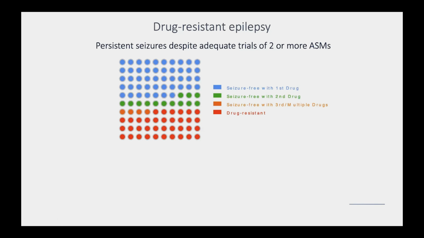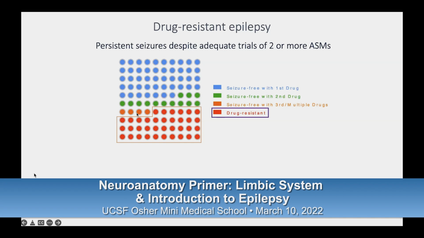And if that first drug doesn't work, the natural thing is to try a second drug at a good dose. And of those, only another maybe 10 to 15% get control with the second drug. So then we reach a really problematic area. We try a third drug, of course, but actually less than 5% overall of patients will get good, solid control of their epilepsy and seizures with a third drug after trying a first and second.